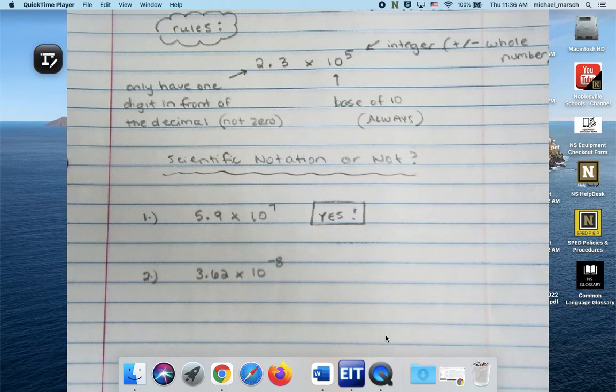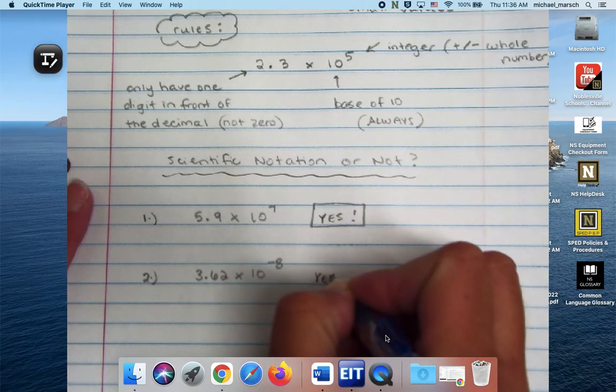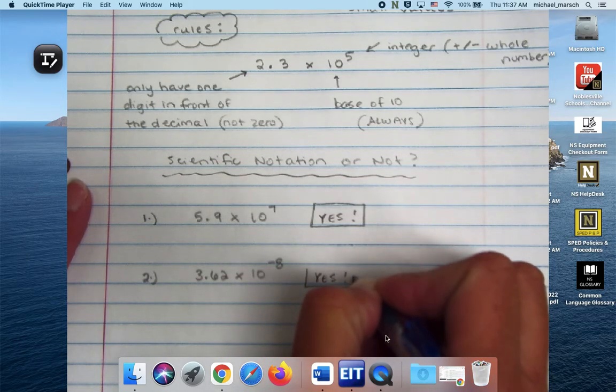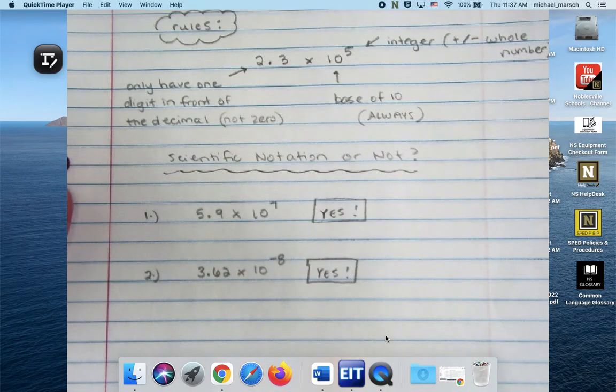How about this one? 3.62 times 10 to the negative 8. Yes. It is, yes. Right? It can be a negative exponent. That's a thing.